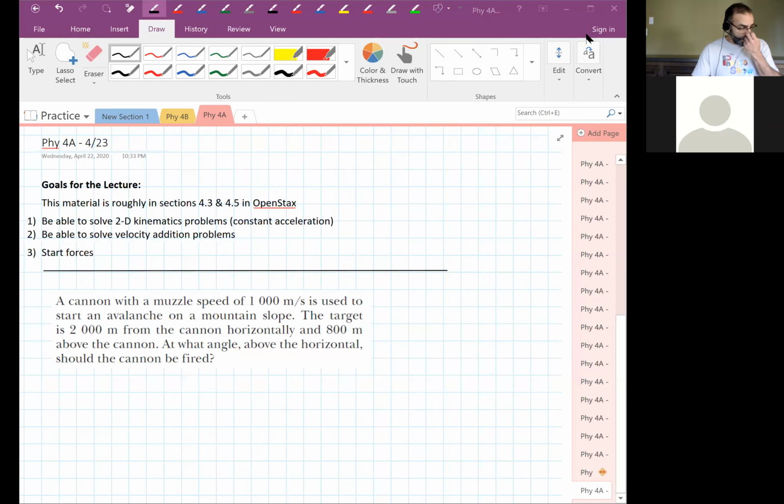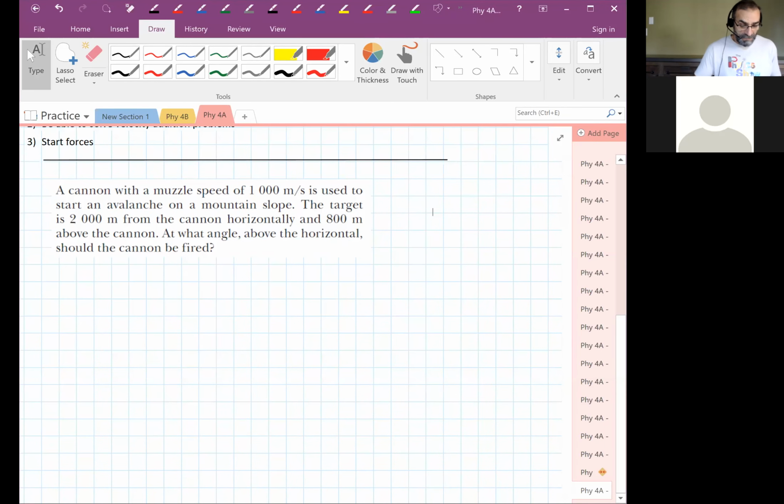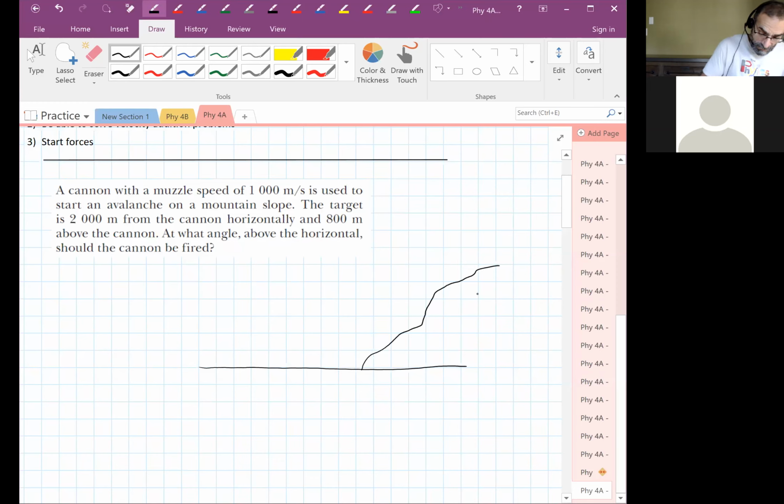Okay, so we've got this problem here. A cannon is going to shoot some kind of projectile at a speed of 1,000 meters per second at a mountain that's in front of it. So the picture is going to look something like this. And the mountain is over here. And the cannon is firing here. This is 1,000 meters per second.